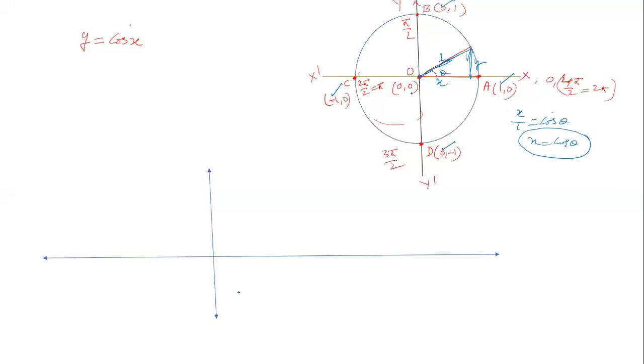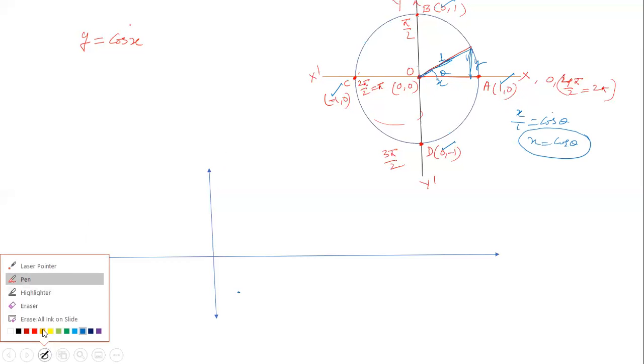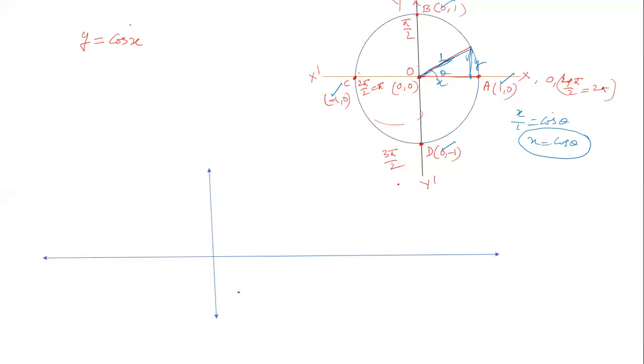So let's take both the axes, x-axis and y-axis, over here, and we will draw the graph. It's your x-axis, x dash, y-axis, y dash. On the x-axis, we will take distance in radians, and on the y-axis, we will take distance in numbers.